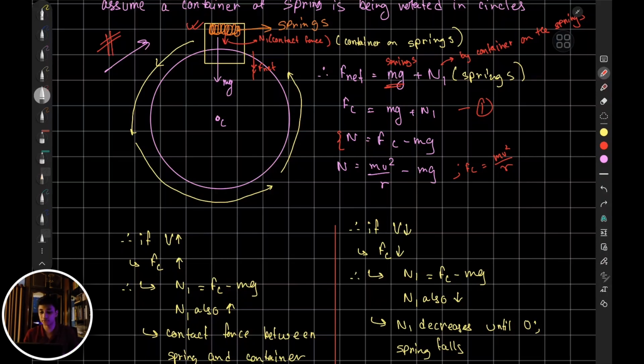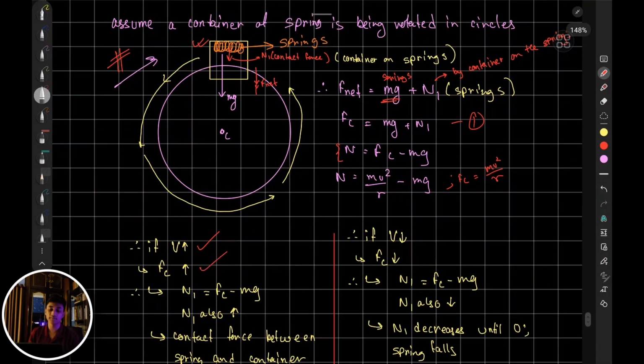It is going to increase, right? Because if Fc is given by mv squared by r and you increase the value for velocity, the value for Fc or centripetal force is most definitely going to increase as well. Fair enough. So we increase the velocity, and Fc increases.